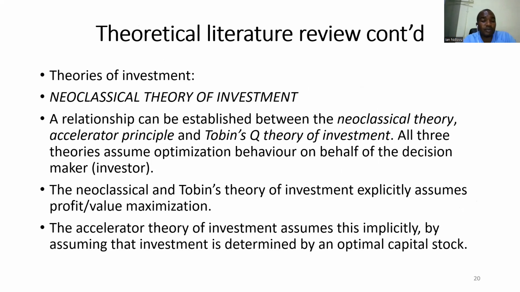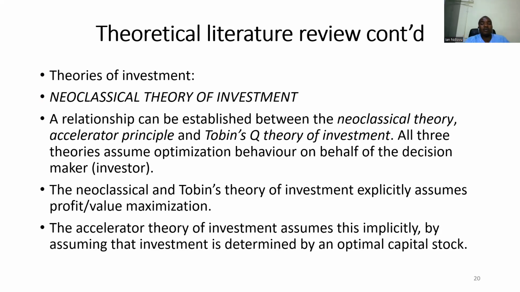Now, as an example, when you are looking at the investment variable that I've been giving an example of, you can use neoclassical theory or other types of theories. You would know that there is also the accelerator principle and also Tobin's Q theory of investment.